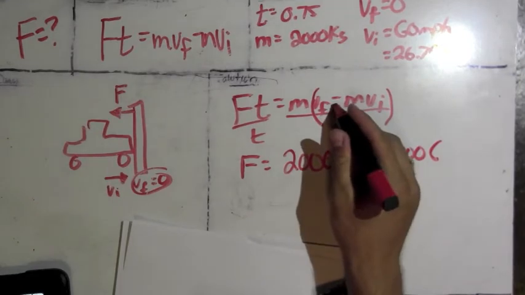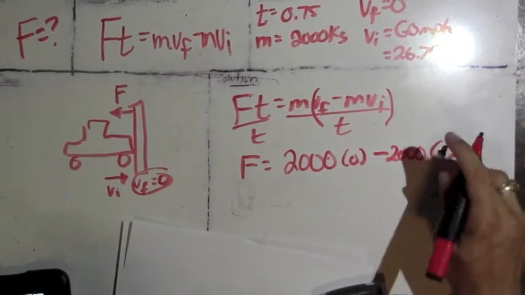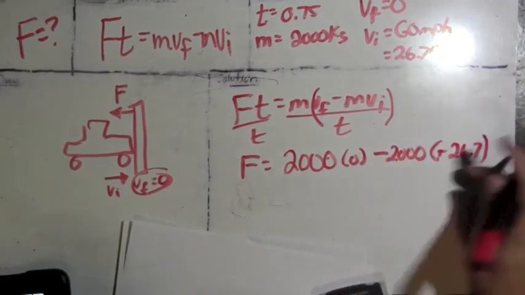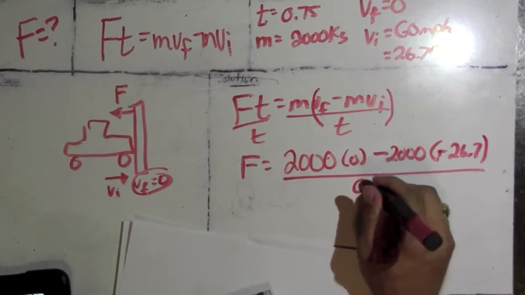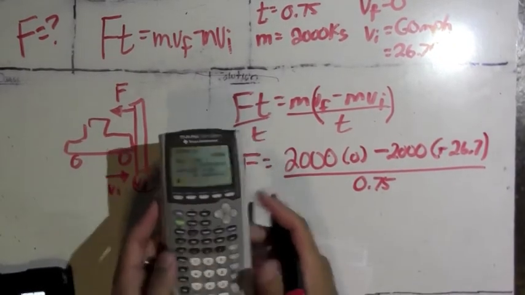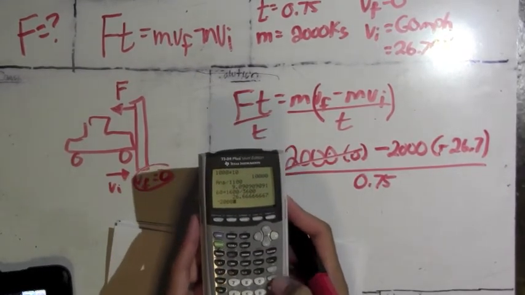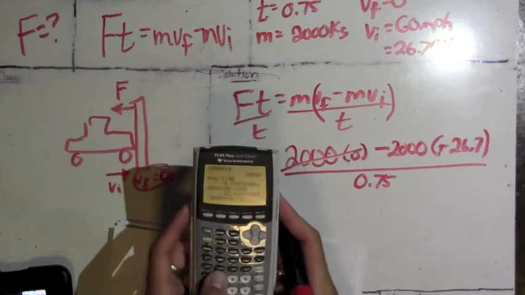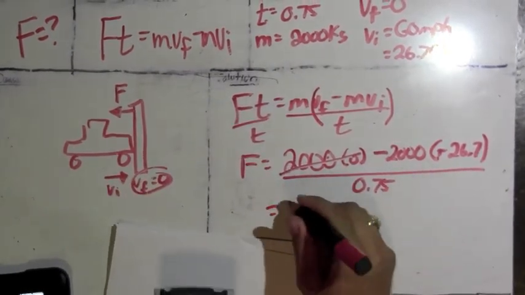Now in this case you can't forget the negative. So now we plug our numbers into the calculator. 2,000 times 0 is 0, so what I have is negative 2,000 times 26.7 divided by 0.75, and you get an answer that's negative 71,200 newtons.